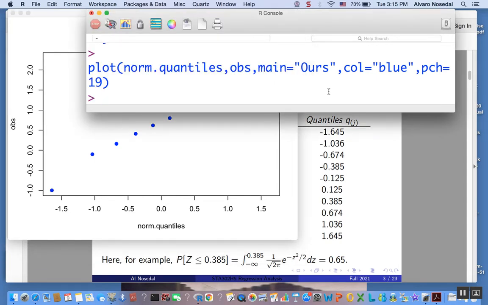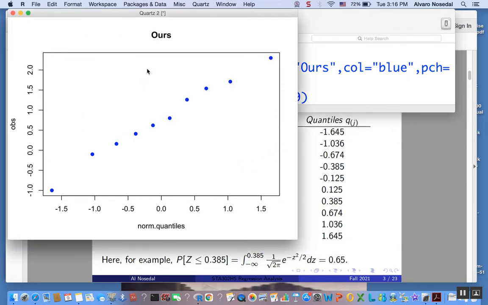Okay. So using R, you will use that built-in function called QQNorm. All you need is your observations, and you don't need to order those from smallest to largest or anything, just as they are, right? And use that QQNorm function. Let me use the same color and also solid circles.